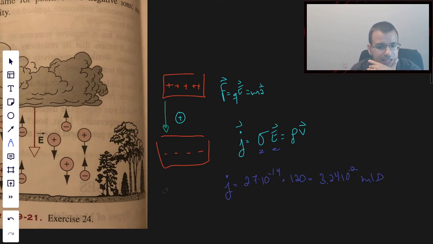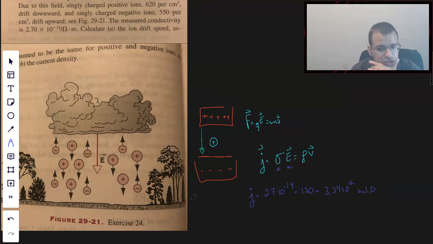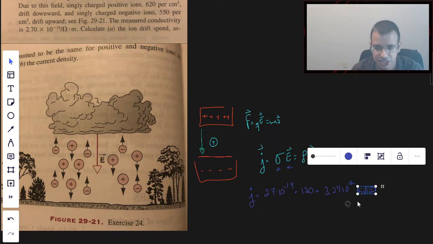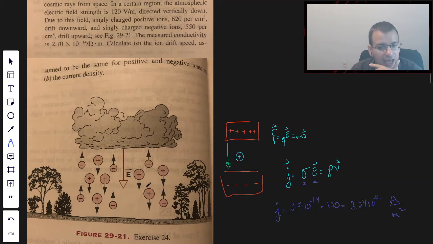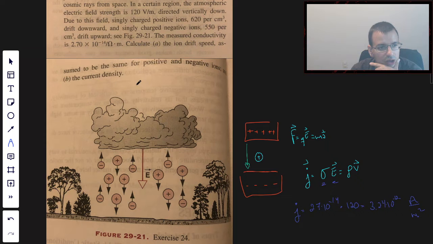Okay, so now that we found the current density, it's in amps per square meter. The whole meter second thing, speed of light, nope, that's wrong.